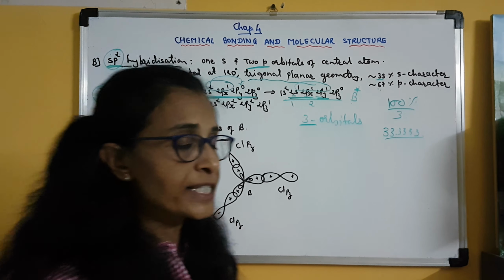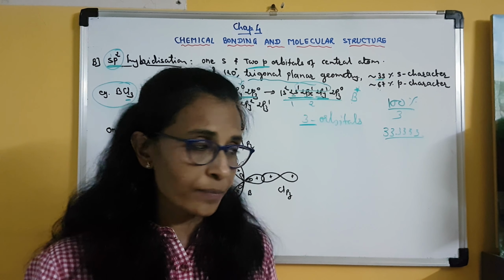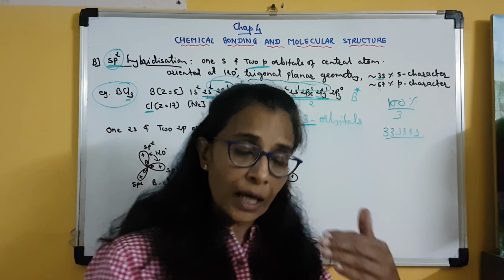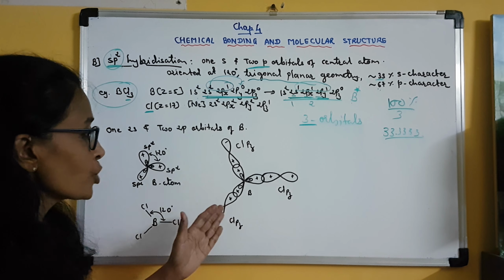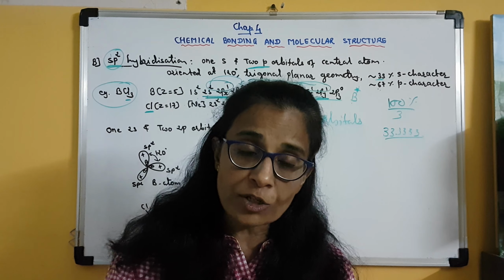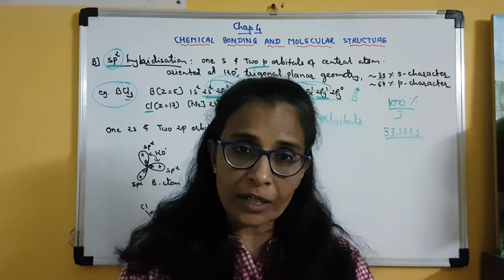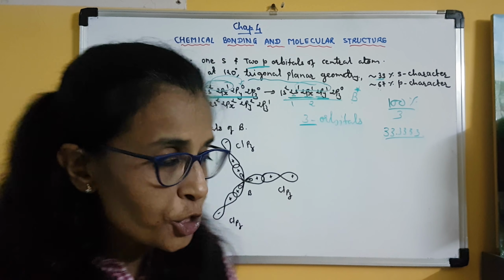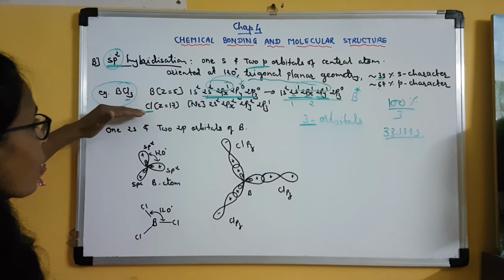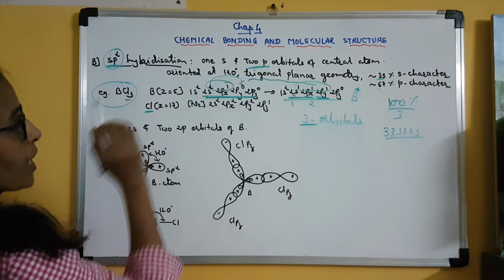So before sharing electrons with the other atoms, it is the duty of the central atom to make its valence orbitals equivalent, in the sense equi-energic and identical in shape. So before boron forms bonds with 3 chlorine atoms, it will undergo hybridization.